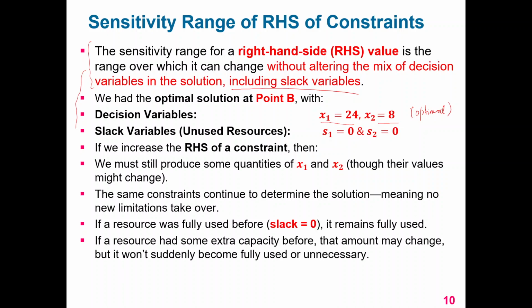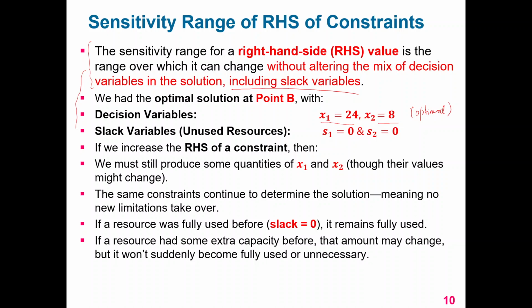And if we had a solution at point A, because in the previous slide I showed you that at point A there was some value of slack, s2 equal to 60. So let's assume that we had point A as the optimal point.